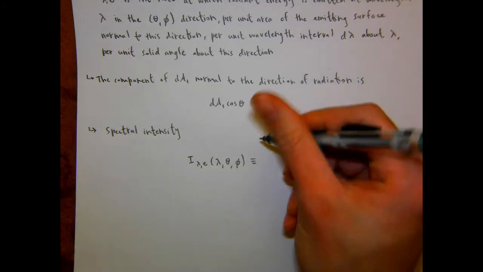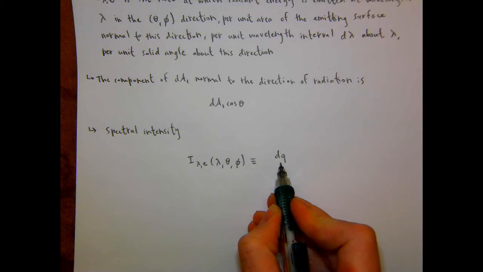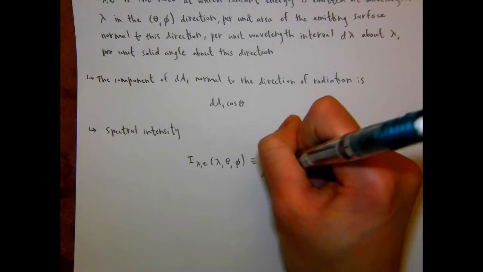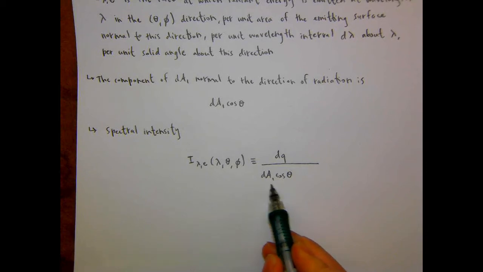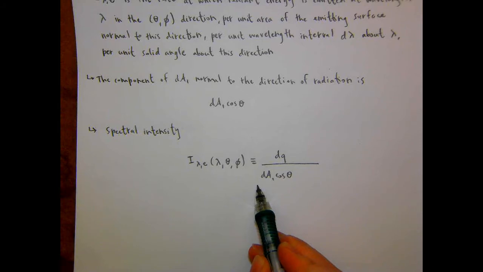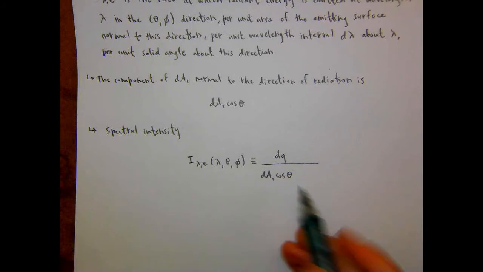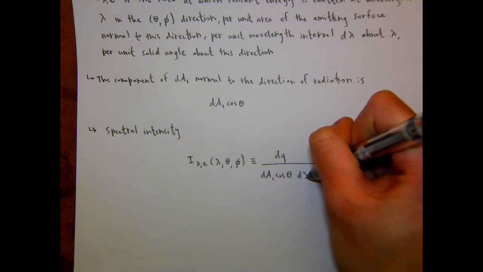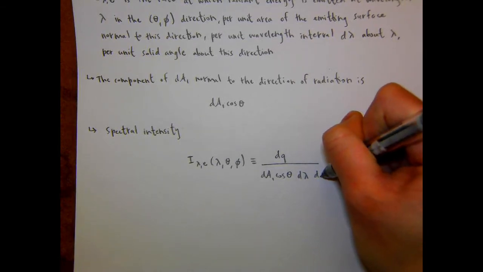So that's defined as this differential rate, the rate at which radiation is emitted from the surface, per unit area of the emitting surface normal to the direction of radiation, which we said was dA1 cosine theta, per unit wavelength interval around lambda, and per unit solid angle around this direction.